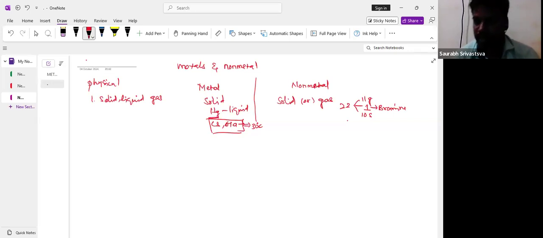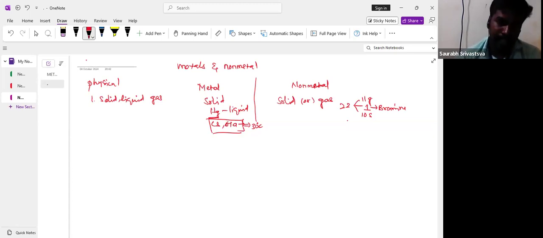Solids are, for example, carbon is a solid and iodine is a solid. Like that, around 10 solids are there.